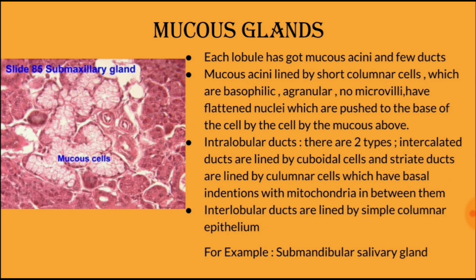Then you have an agranular cell, and there are no microvilli as compared to serous glands. So in mucous glands you have basophilic, agranular, and no microvilli. They have a flattened nucleus, as compared to the spherical nucleus of serous glands, with the nuclei pushed to one end of the cell.